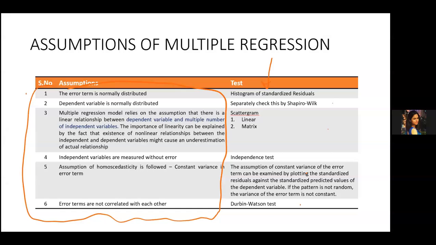I'm going to show you some output, but you don't have to run all these. You have to run a scattergram maybe to check the linearity. This is something extra that I'm showing you. But yes, this assumption is very important and this can definitely come.